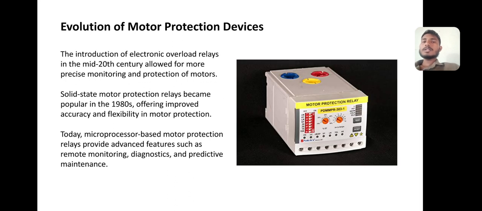Evolution of motor protection devices. The introduction of electronic overload relays in the mid 20th century allowed for more precise monitoring and protection of motors. Solid state motor protection relays became popular in the 1980s, offering improved accuracy and flexibility.